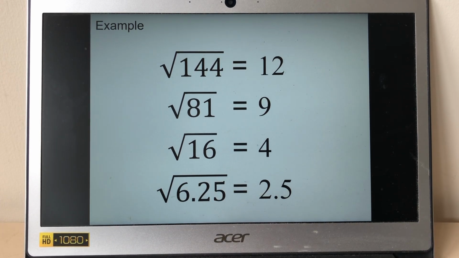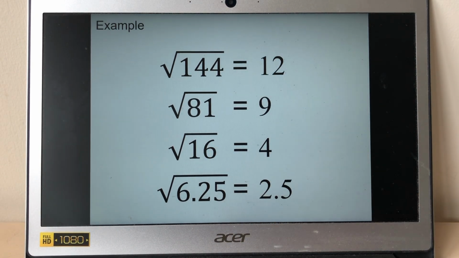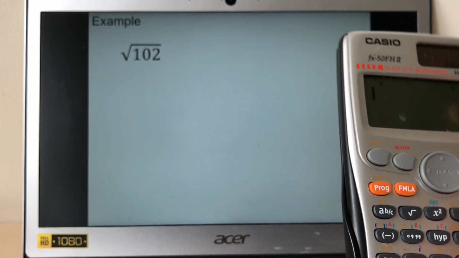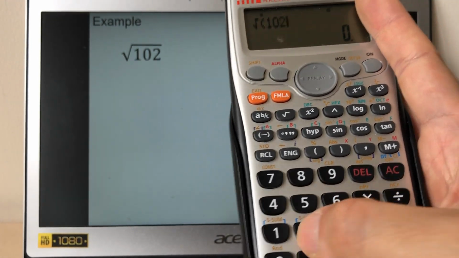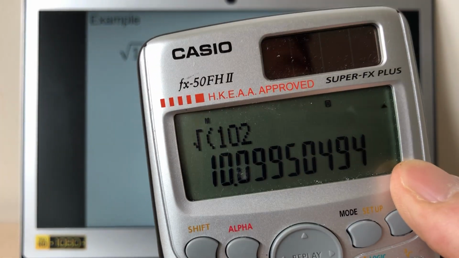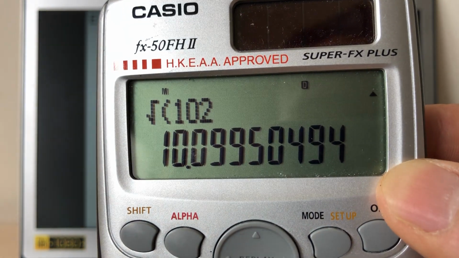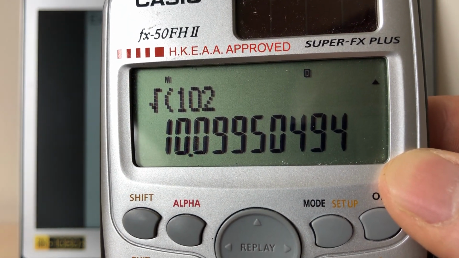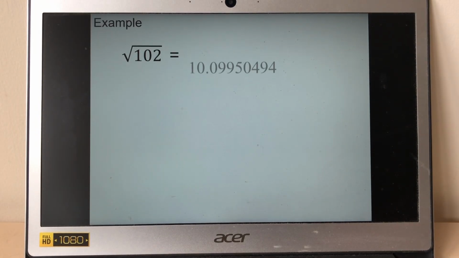But sometimes the result is not that nice, not that short. So, for example, if we have to find square root of 102, let's see what is it. Oh, it is such a long number. You see that it is 10.0995094. So from the calculator, we've got this answer.